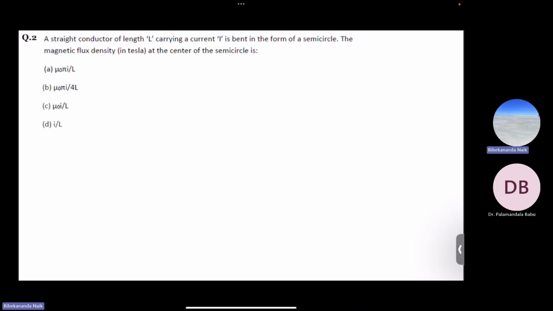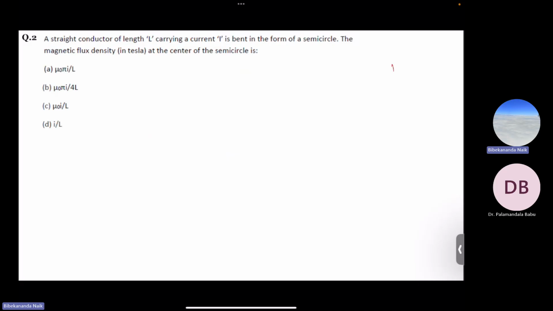The magnetic flux density in Tesla at the center of the semicircle is: option A mu 0 pi I divided by L, option B mu 0 pi I divided by 4L, option C mu 0 I divided by L, or option D I by L. So this question is related to the concept of magnetic field due to a current carrying conductor. Similar types of problem we had discussed in the last introduction session also. So this question is based on that concept.